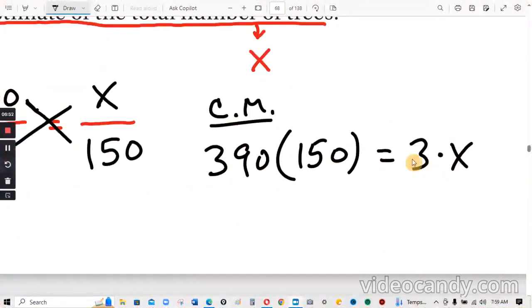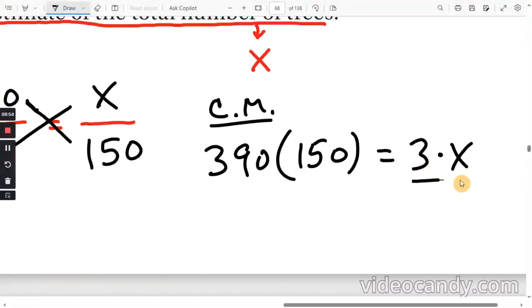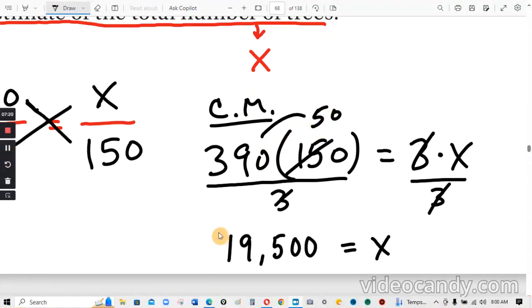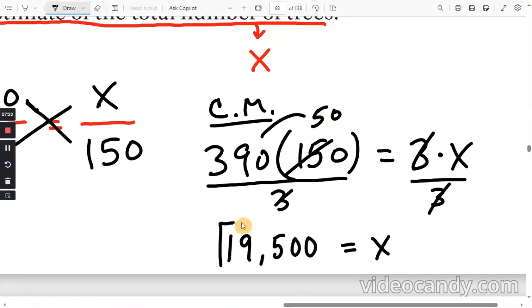Solving for x, the opposite of times 3 is divided by 3. Do that to both sides. The 3's cancel. Here you can do this whole thing on the calculator, but I know 150 divided by 3 is just 50. I'm still going to use the calculator here: 390 times 50, and I get 19,500.